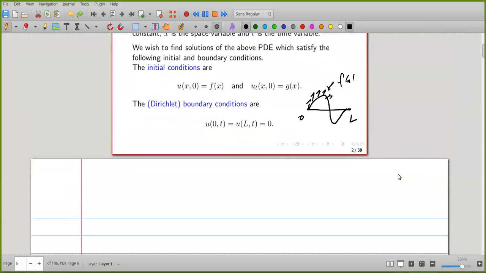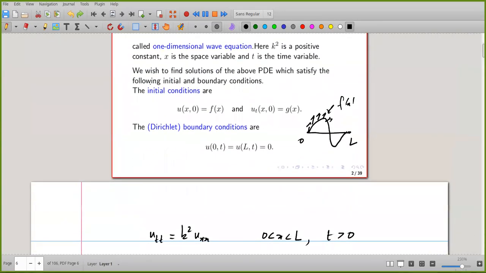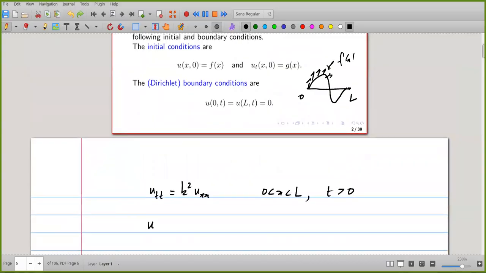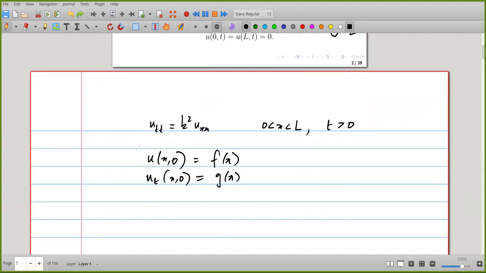Right, so the equation we have to solve is the following. u_tt is equal to k square u_xx, and u(x, 0) is equal to f(x), u_t(x, 0) is equal to g(x).